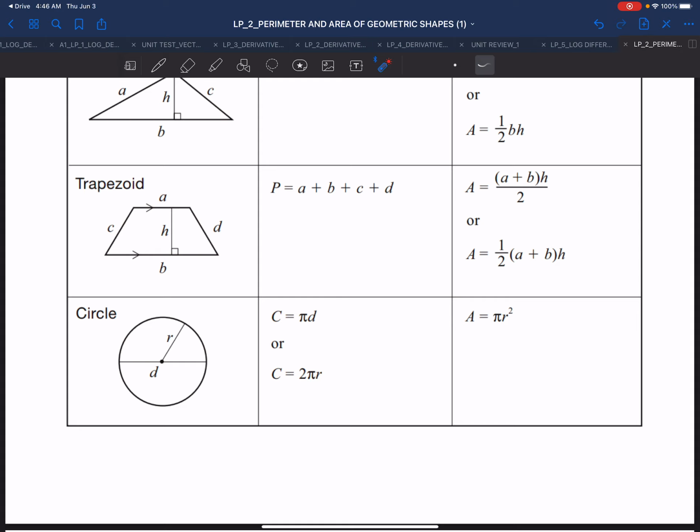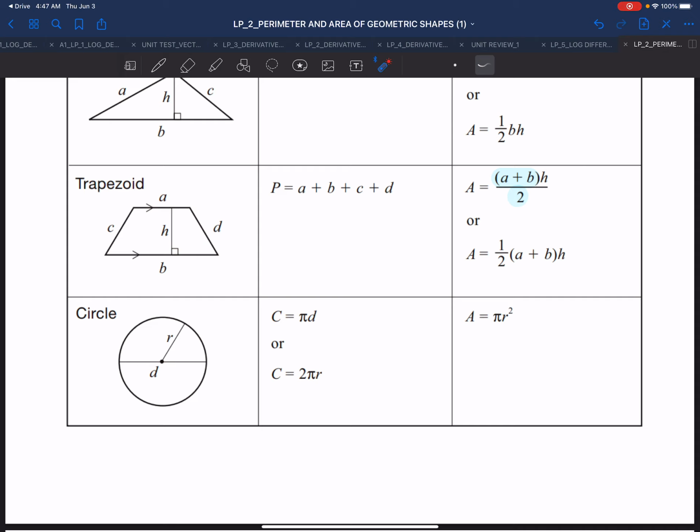When it comes to the area of a trapezoid, we have an interesting formula here. It will always be the sum of the two bases. Remember, the bases are the two sides that are parallel to each other. That will be multiplied by the height and then divided by 2. The way I like to look at it is as the average of the bases, A plus B divided by 2, and then multiplied by the height.